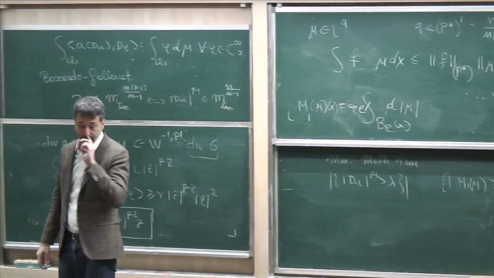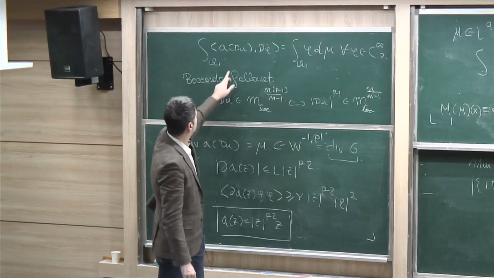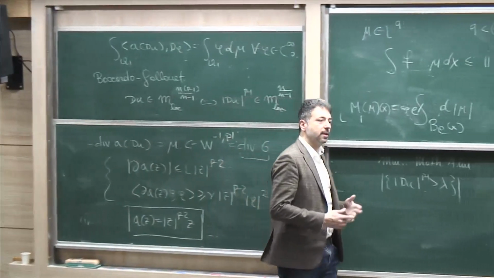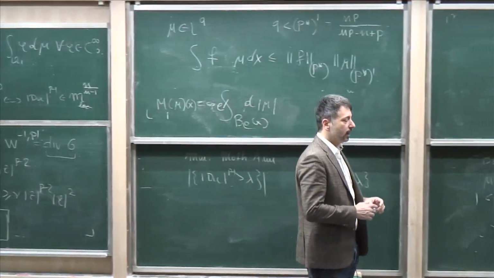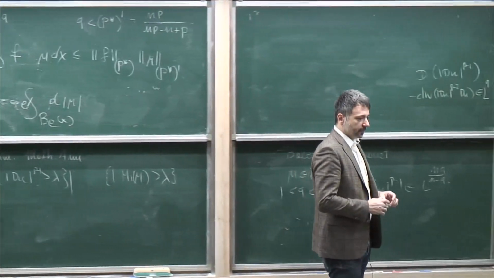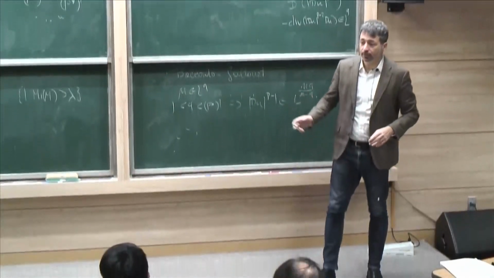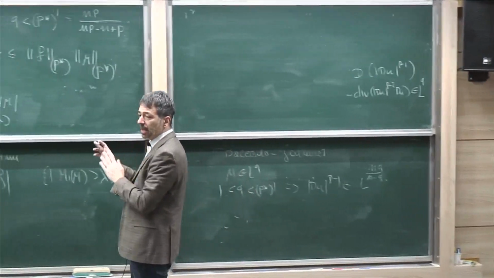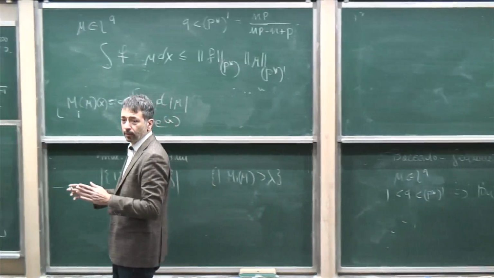So this also holds when you have measurable coefficients and gives a unified approach to this theory of measure data problems, that in fact allows you to get all the previous results plus the borderline case in a unified way.